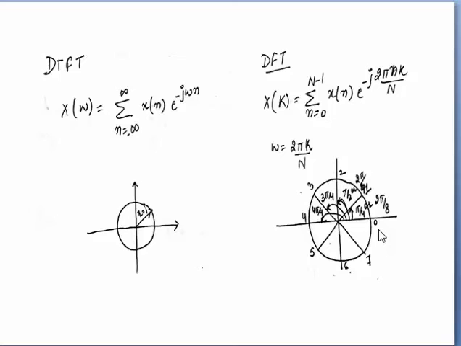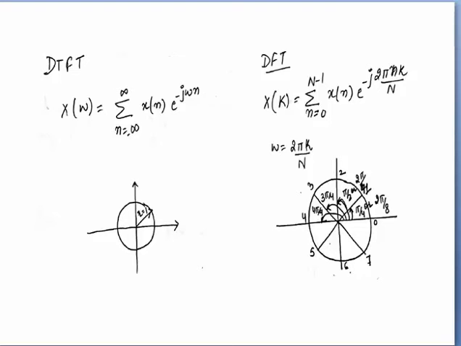Here we jump on a circle, because first we have 0 point, then 0 to 1, 1 to 2, 2 to 3, and so on up to 7 point. So k is 0 to 7, capital N is 8, k is 0 to 7 means 0 to N minus 1. That is the relation between DTFT and DFT.